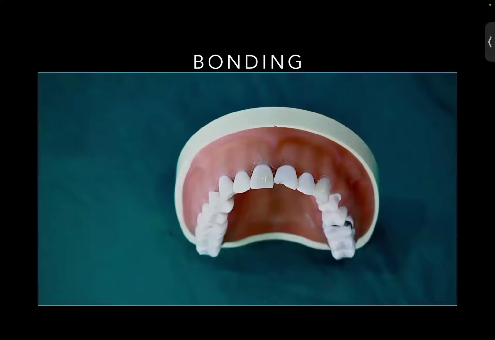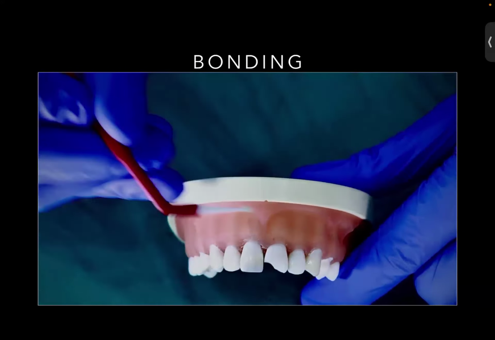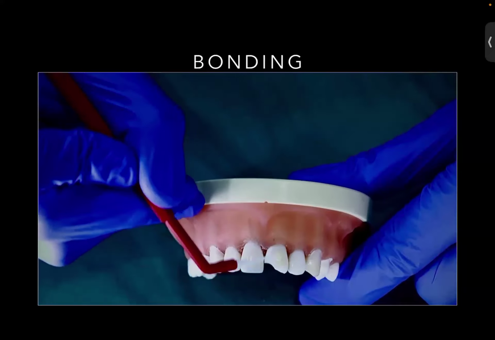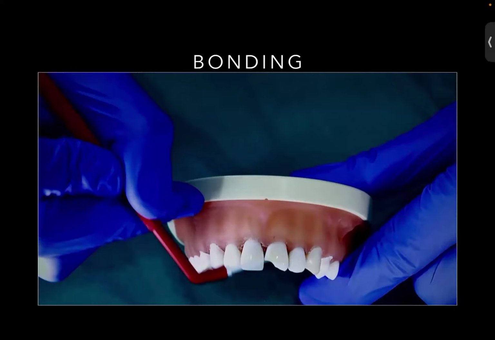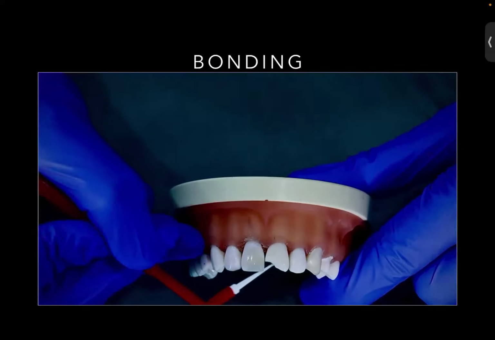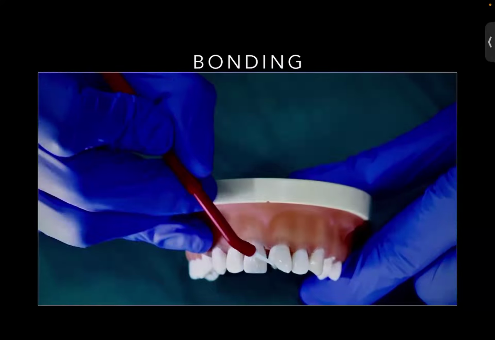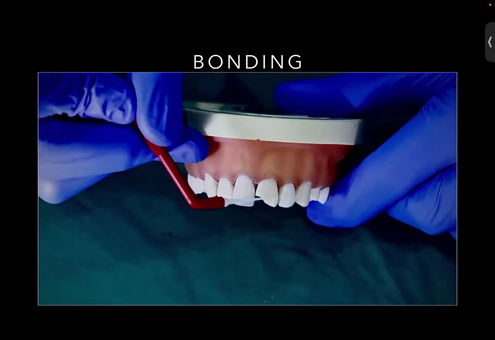I'm going to play this video where it is shown how I apply bonding agent. What you see here is microabrasion. This is how you need to agitate, for a minimum of 10 to 15 seconds.